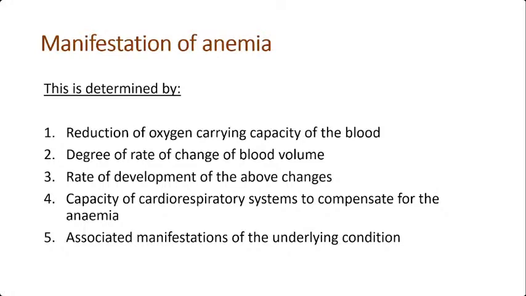The rate of development of those changes is what I implied by saying acute blood loss as compared to chronic blood loss or chronic anemia, where there's been time for these changes to occur. The third factor is the capacity of the cardiorespiratory systems to compensate for the anemia.